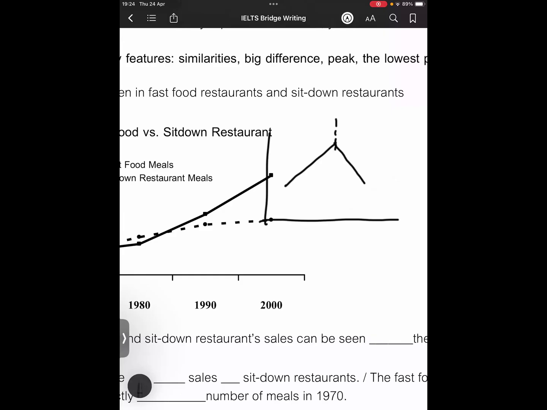If you split this in half, this is a positive slope on the left side, and on the right side you have a negative slope. And this point right there is a peak. So in order to have a peak, you need to have an upward trend and also a downward trend. Otherwise, there's no peak.